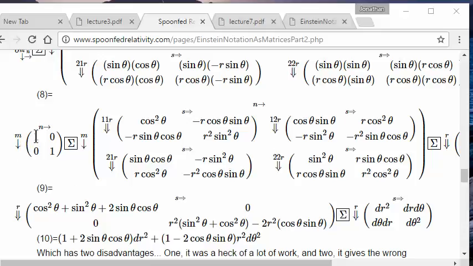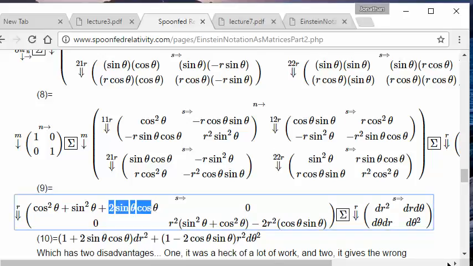But definitely, if I multiply this with m going down and m going down here, this 1 is multiplied by this whole matrix, and this 1 is multiplied by this whole matrix, and then they're added together. That's what that sum of products means. So this is definitely an error. This 2 sine theta cosine theta should not be there, and this 2r squared cosine theta sine theta should not be there.